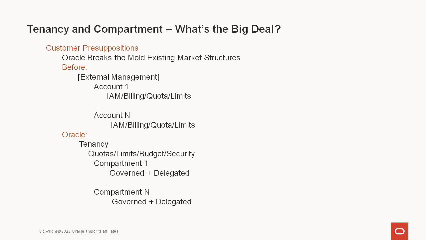But you can also delegate what permissions you want within that compartment. So if you want that compartment to be able to delegate certain permissions to the nested compartments within that organization, you can do that. But that still falls under the purview and control of that tenancy. So it's never completely out of your control.